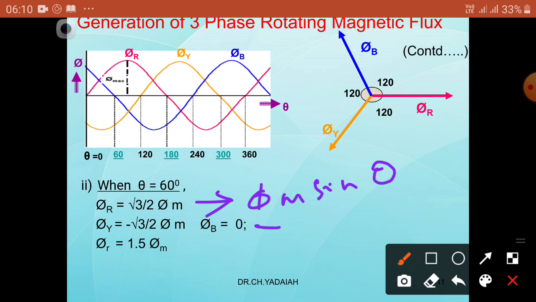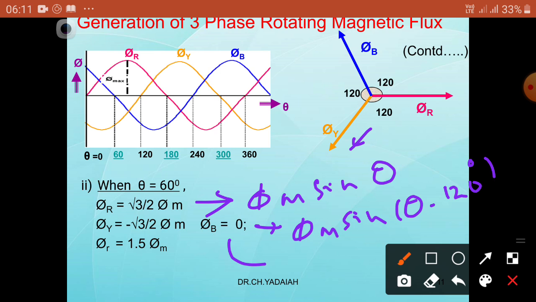And phi y, what is the formula? For y, we take the equation phi m sin theta minus 120 degrees. Previously we mentioned. Next this one, we take as phi m sin theta minus 240 degrees.